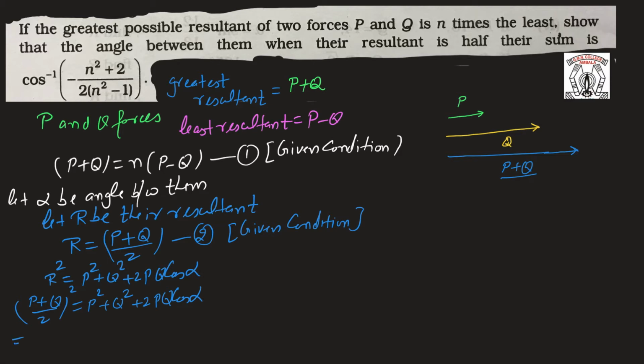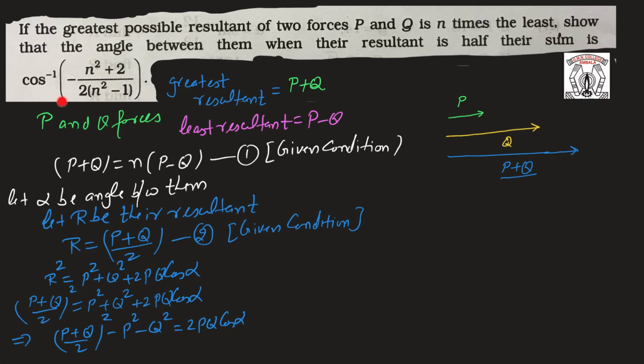This further implies that P plus Q whole square minus P square minus Q square is equal to 2PQ cos alpha.